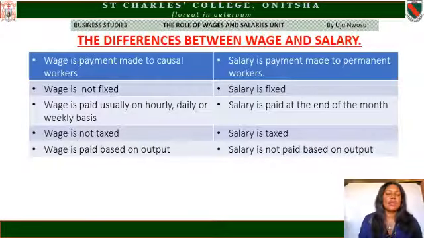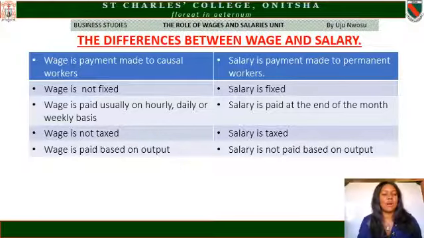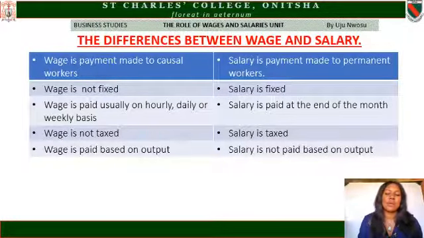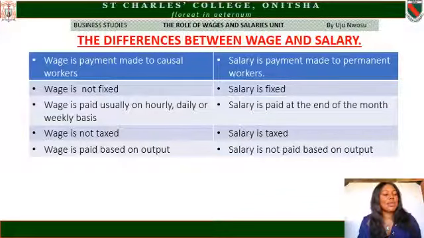Let's look at the differences between wage and salary. Number 1, wage is payment made to casual workers, while salary is payment made to permanent workers. Permanent workers are those that, at the end of every month, receive their payment, while casual workers are those that receive their payment at the end of a day or a week.